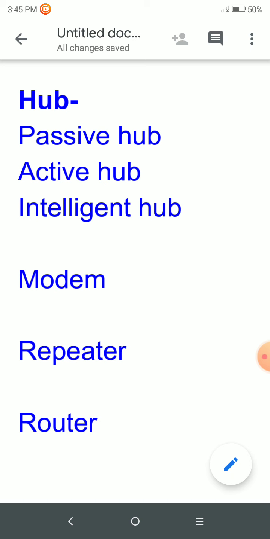Repeaters are also used in routers because whatever data comes from one LAN or network to another network, to regenerate that signal we require repeaters, and to set the path of the data transmission we are using routers. Your homework is to write a note on network devices. In that, explain hub, modem, repeaters and routers with neat diagrams.